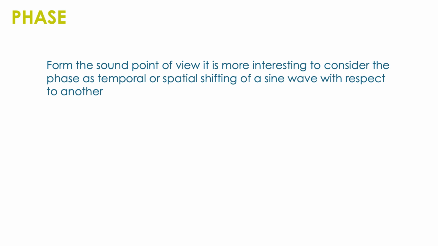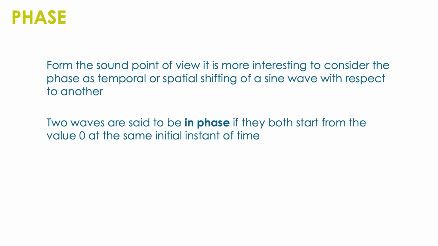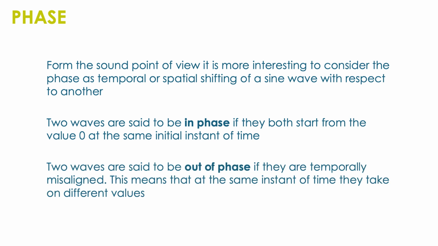In acoustics, we are more interested in time and space since sound waves travel. For this reason, we express the phase as the temporal or spatial shifting of a sine wave with respect to another. Two waves are in phase if they are temporally aligned, out of phase if they are temporally misaligned.